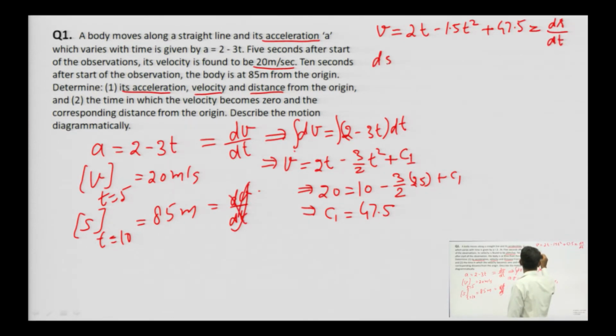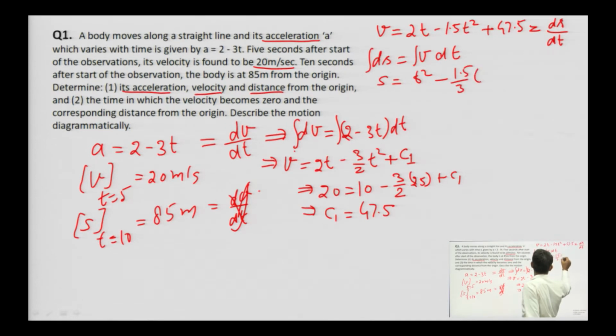So, ds is equal to v into dt. Okay, so integrate it. We get s is equal to 2t square by 2, the 2 cancels out, minus 1.5 by 3 t cube plus 47.5 t plus constant C2.